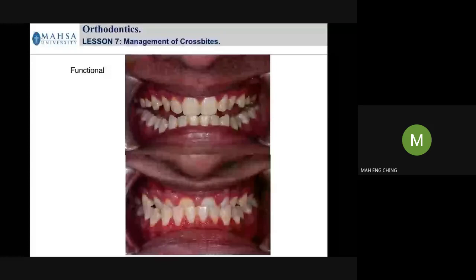But if you leave this functional shift for too long, the jaw can lock into the most anterior position, and when the patient stops growing, that is going to cause a true skeletal class 3. If you correct this fast, the patient may have a chance to grow into a class 1 skeletal pattern. So with functional shift, we always correct it early.